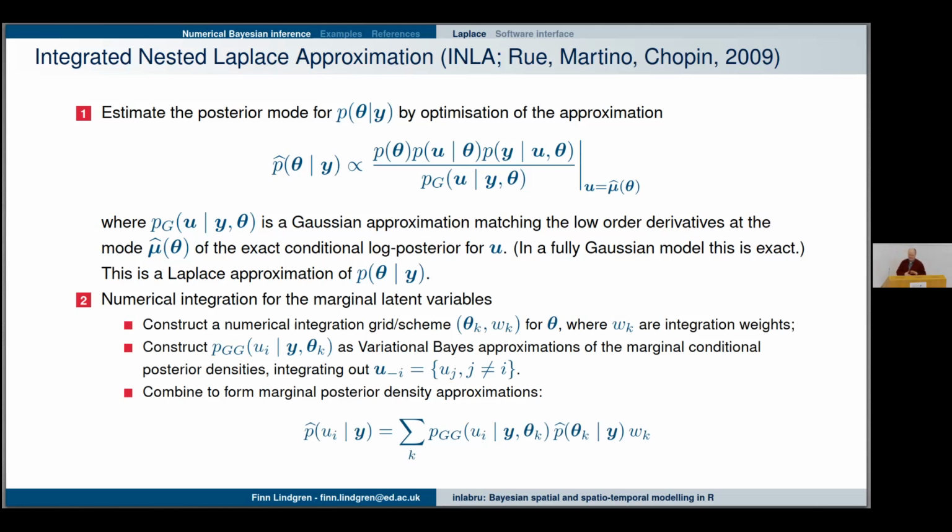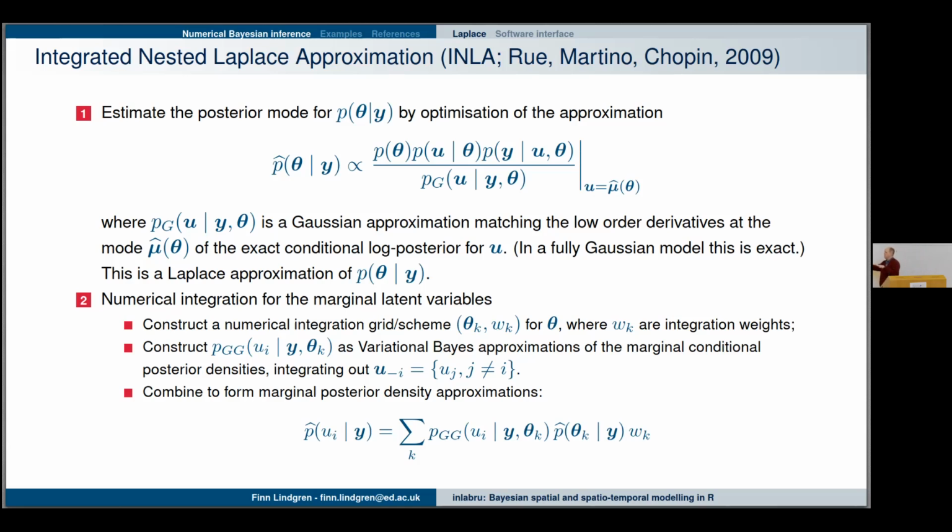But from about last year or 2 years ago, they changed the method. So now it's variational Bayes instead. So instead of doing another Laplace approximation for the marginal distributions, they do a joint variational Bayes approximation with the Markov random field for the whole latent field, conditionally on each integration point theta.